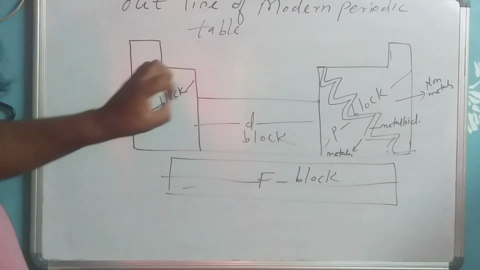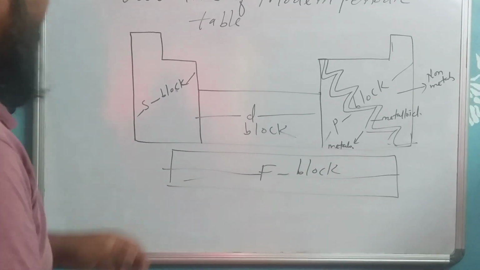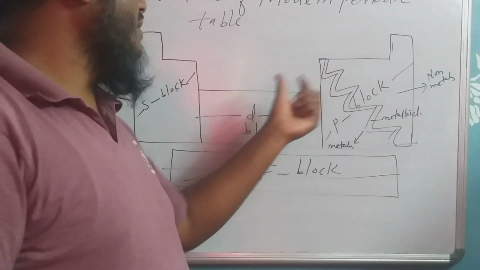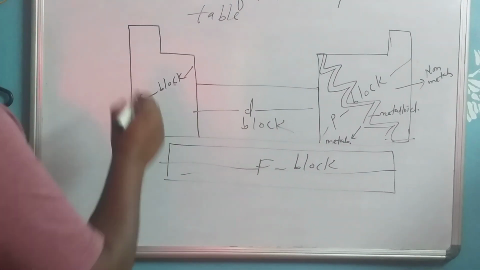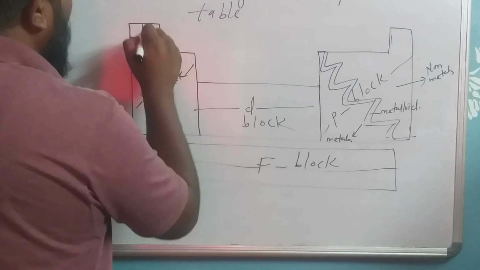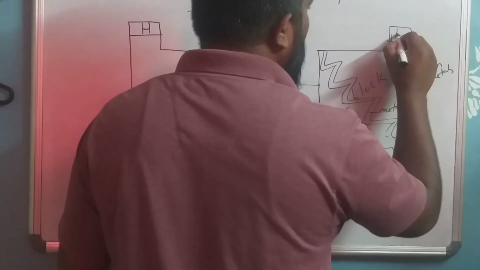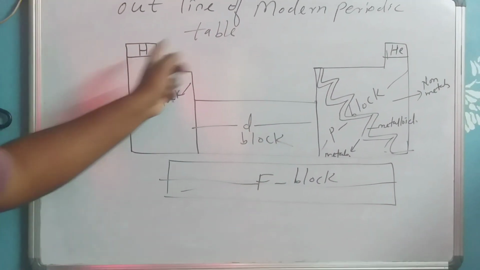Now carefully understand the pattern and outline of the modern periodic table. On the left hand side are S block elements, then P block, D block and F block. Keep in mind the first element of the modern periodic table is hydrogen, and the second element is helium. Helium is present in the P block.